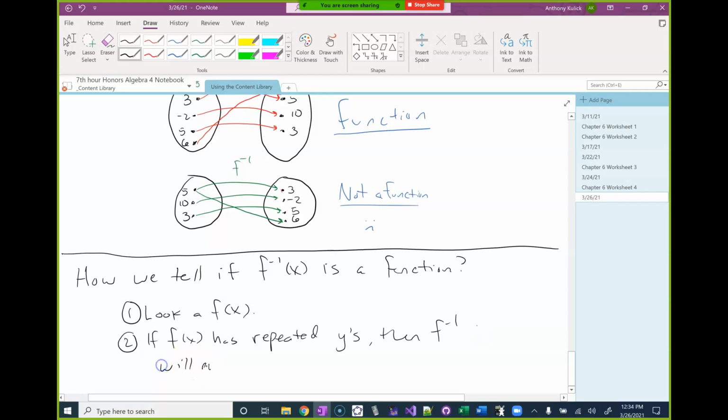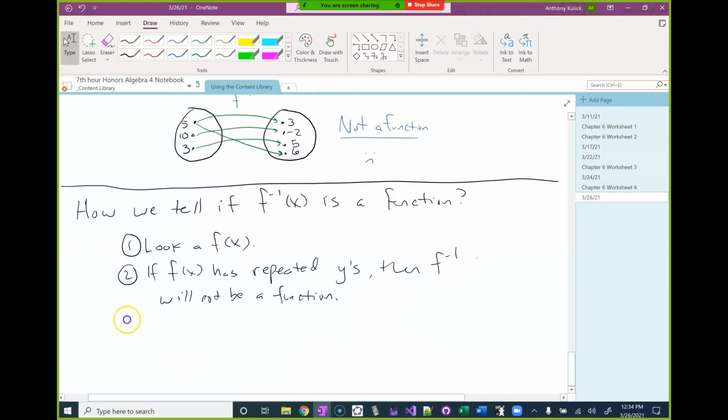To determine if f inverse is going to be a function or not, we can just look at our function f of x.